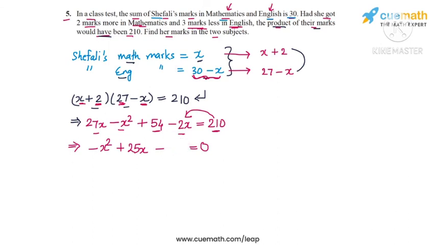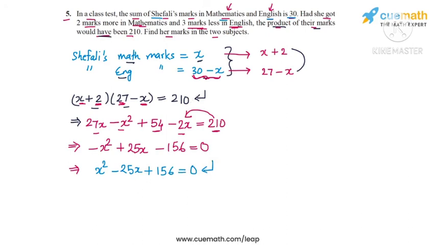So let's just rewrite this as minus 156. This is equal to 0. And now let's make the coefficient of x square positive. So let's multiply both sides by minus 1. So we'll get x square minus 25x plus 156 equal to 0. So this is the quadratic equation that models the given situation.